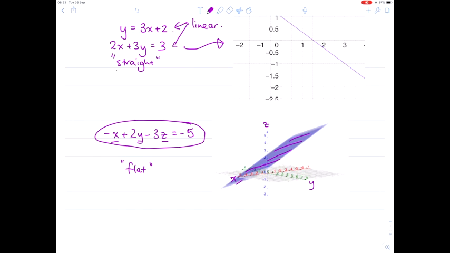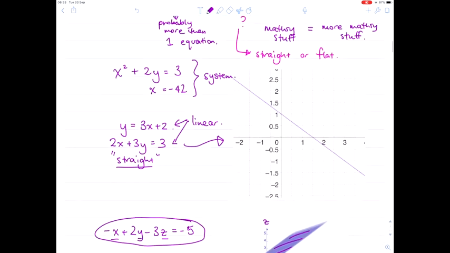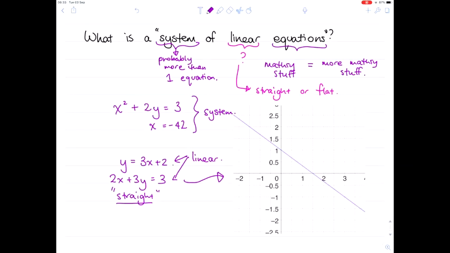Just like a line is straight, no curves or bends. So the objects that we're dealing with when we're dealing with a system of linear equations is a bunch of straight or flat lines or planes, and in 4 dimensions or more, also things that we'll call flat, although that's very difficult to envision.